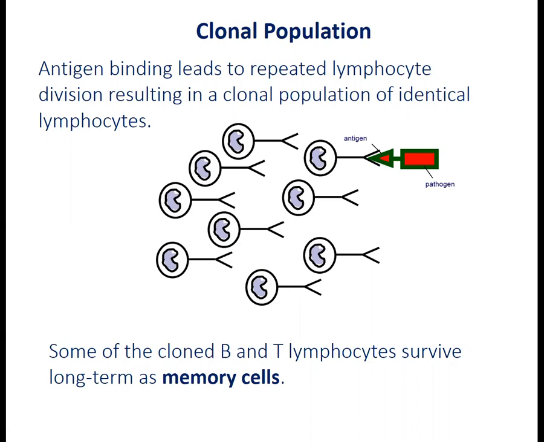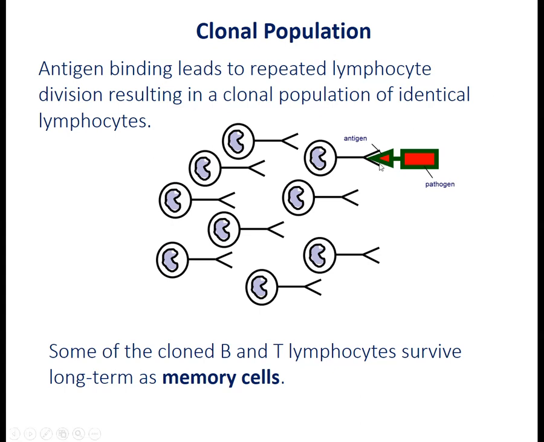Now, some of these cloned B and T lymphocytes are called memory cells, because they stay in your body for a long period of time after you've been infected by the initial pathogen.